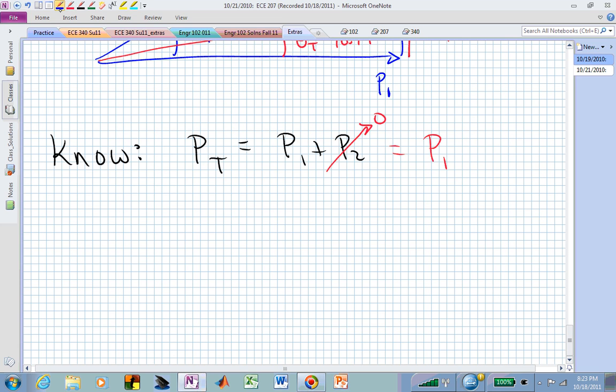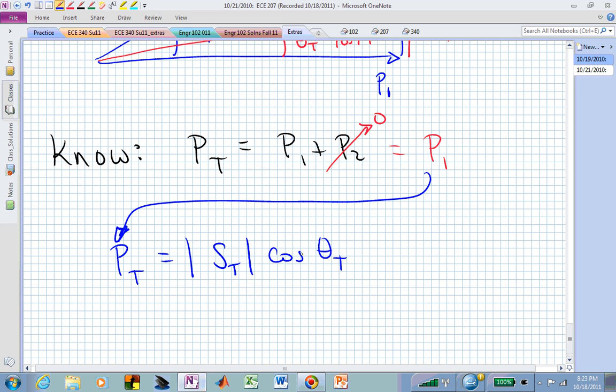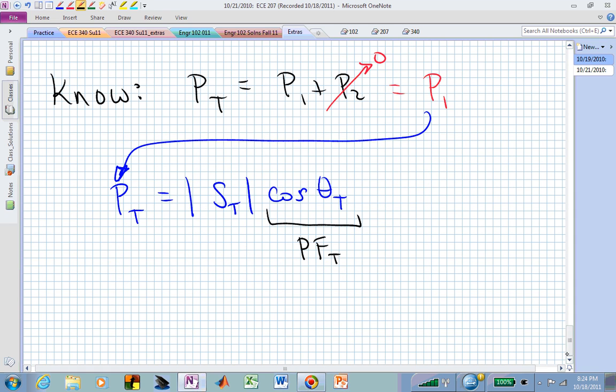That now allows us to say that we know P total, that's just this guy. We don't know what S sub t is, but we do know theta sub t. That was given indirectly by this specification on the total power factor. We now know power factor total. We know P sub t.